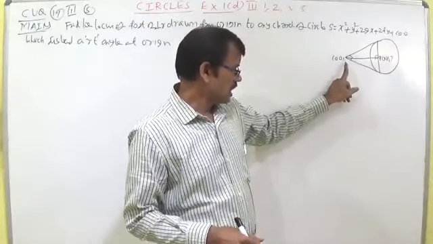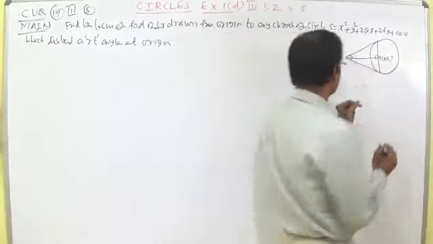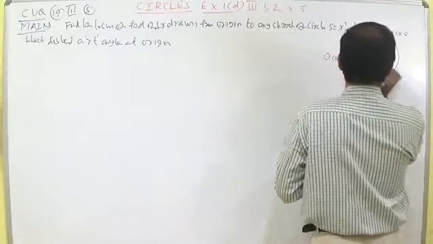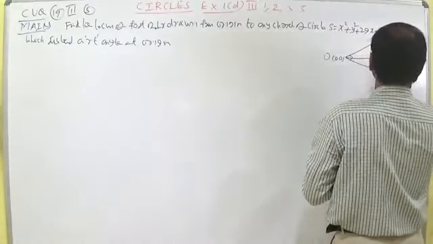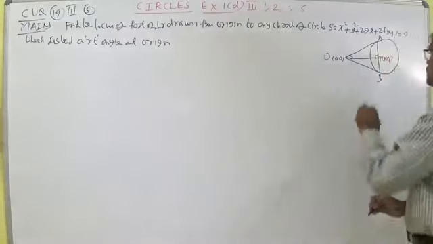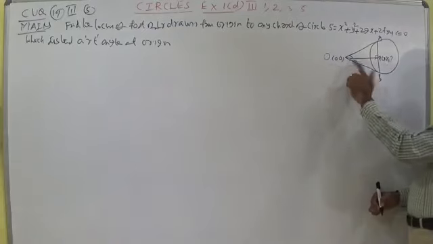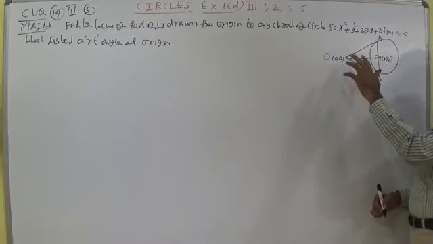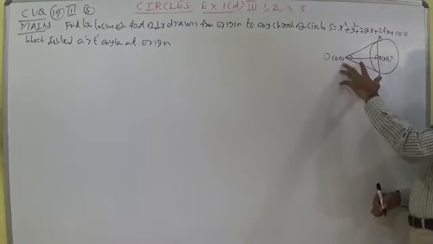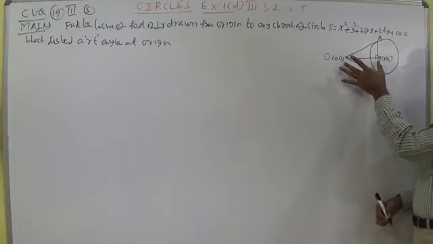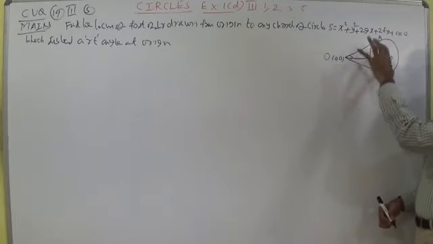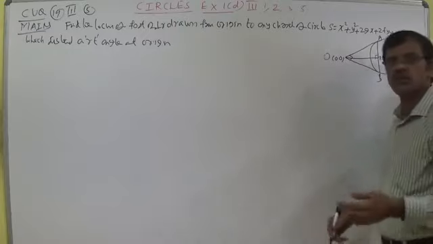First one, you should calculate the equation of a chord. Put here, this is O, this is P, this is A, this is B. You should calculate the equation of chord passing through P(x1, y1) with the negative reciprocal slope, that means with minus 1 by m, where m is the slope of OP. Slope of OP is y1 by x1. Now slope of chord is minus x1 by y1.